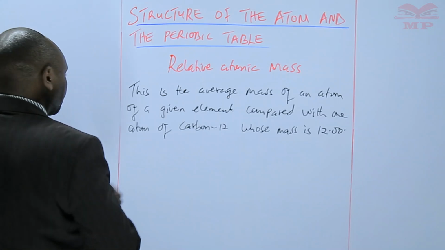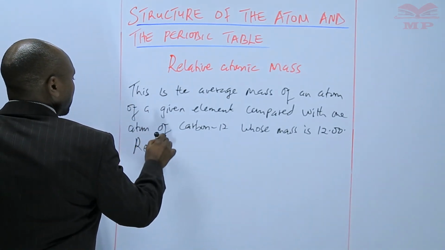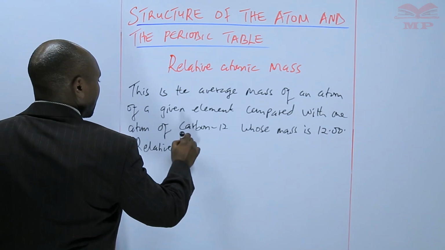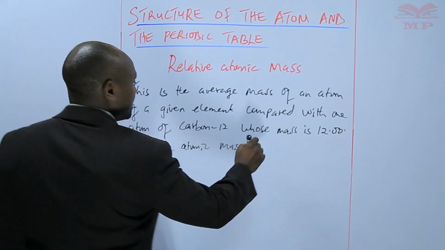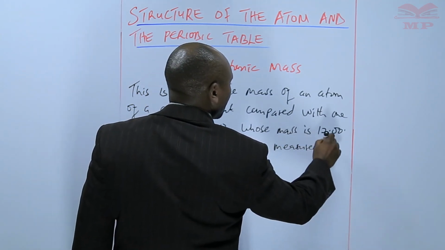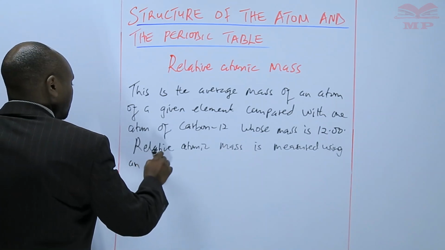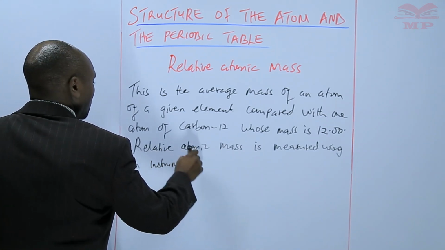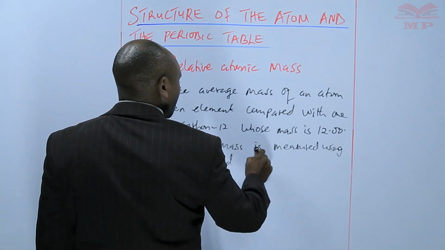Before we do that, it's also important to say that a relative atomic mass is measured using an instrument called a mass spectrometer.